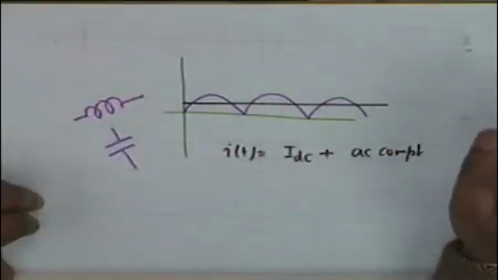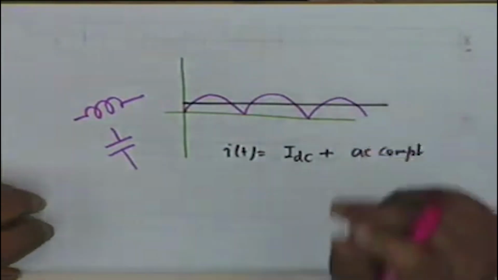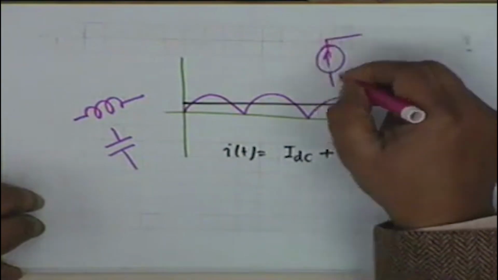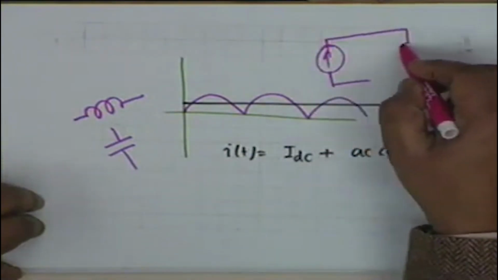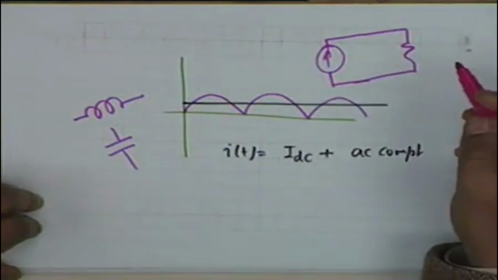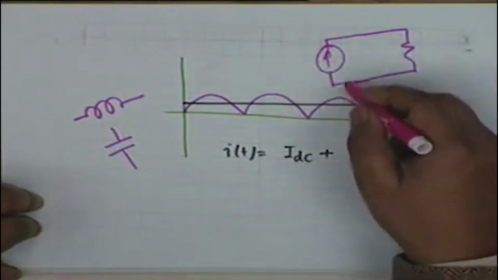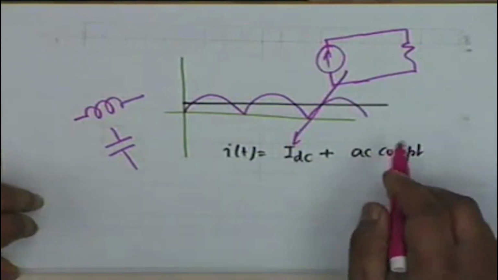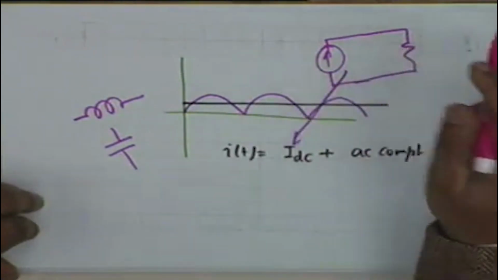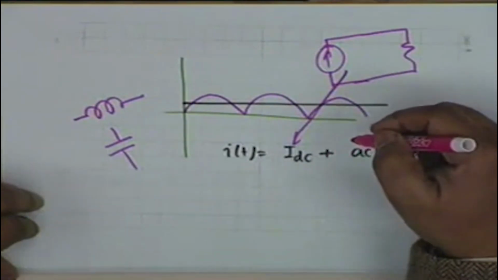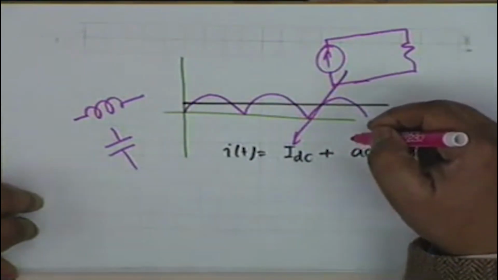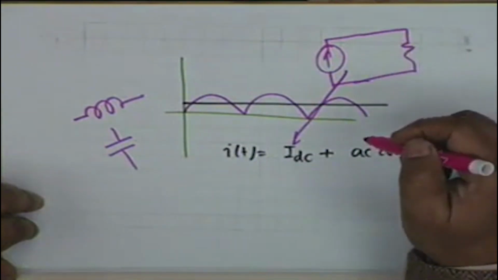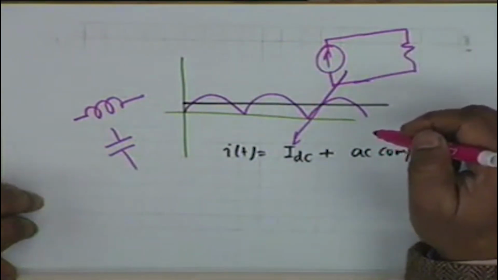The idea is that if you have a current, let's say consider a current generator, this supplies a load, and this current consists of DC as well as AC. If somehow we do not allow the AC component to pass through the resistance, then obviously we shall do our job.